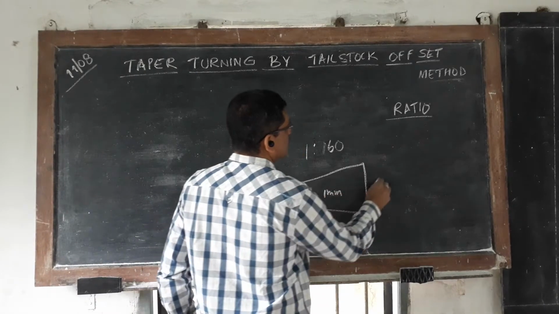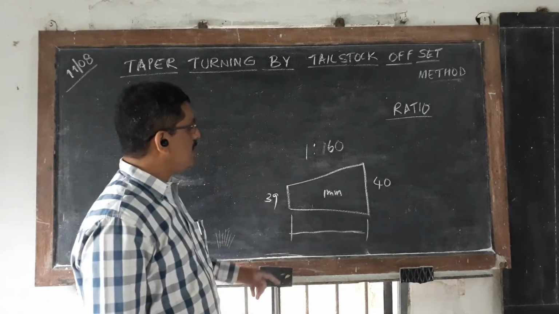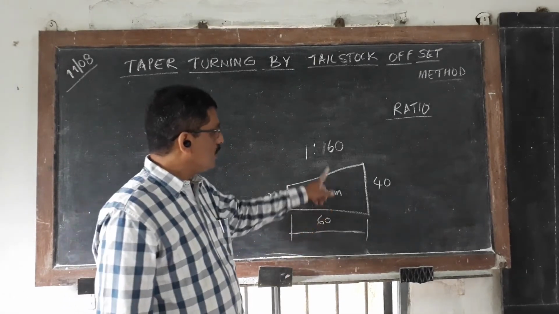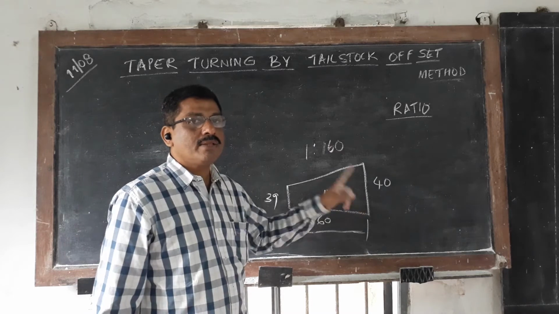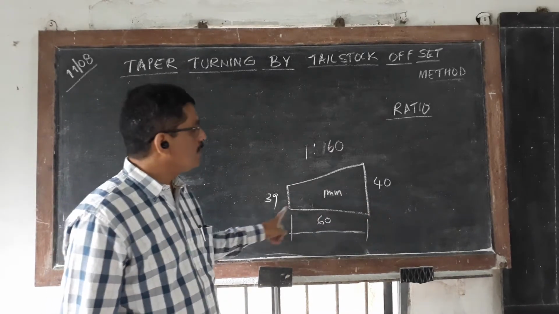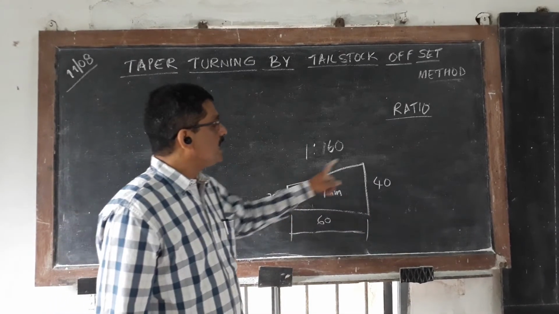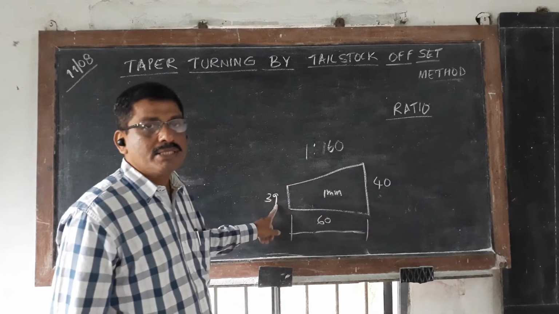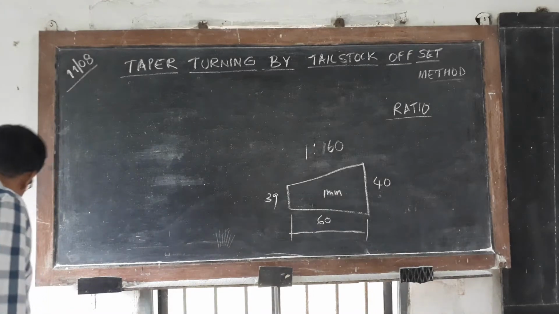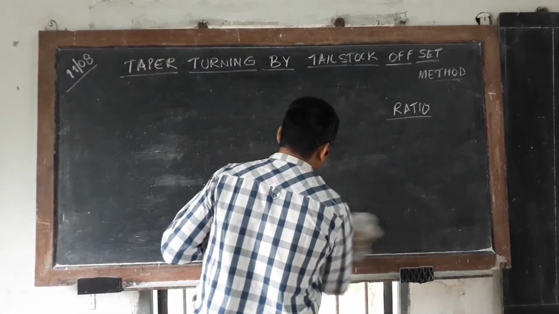Suppose here it is 40 diameter, here it will be 39. The length is 60 mm. Suppose here it is 50 diameter, here it will be 49. If it is 75 diameter, here it will be 74, like that. So a 1 mm taper is there. Now we will do one calculation in ratio.